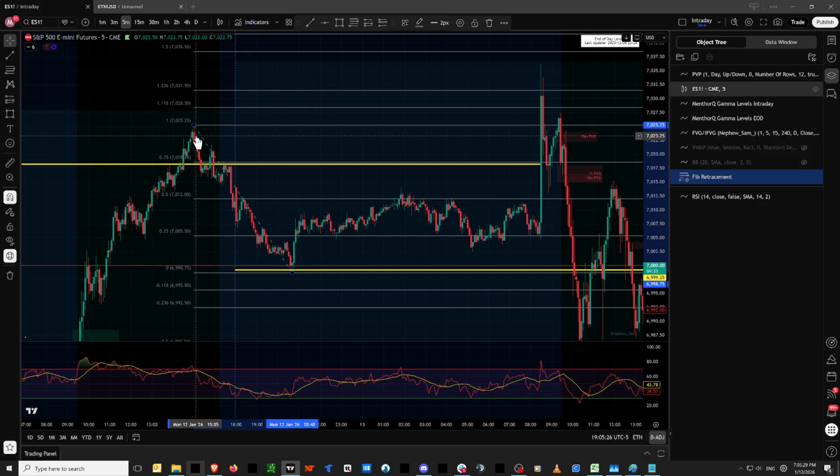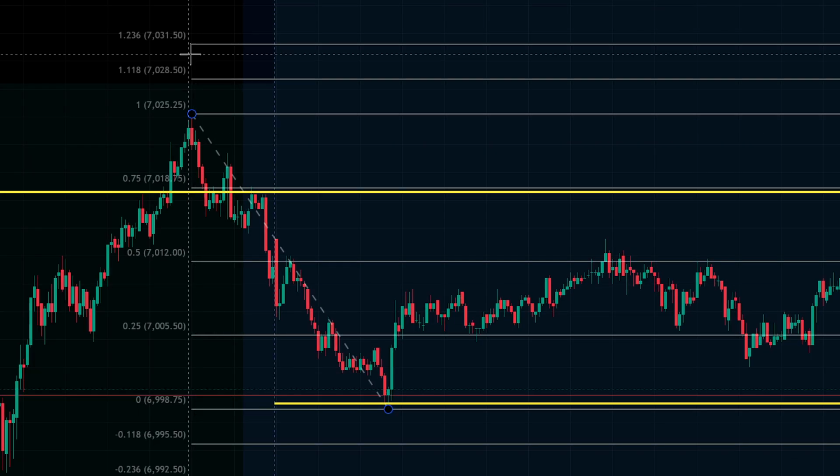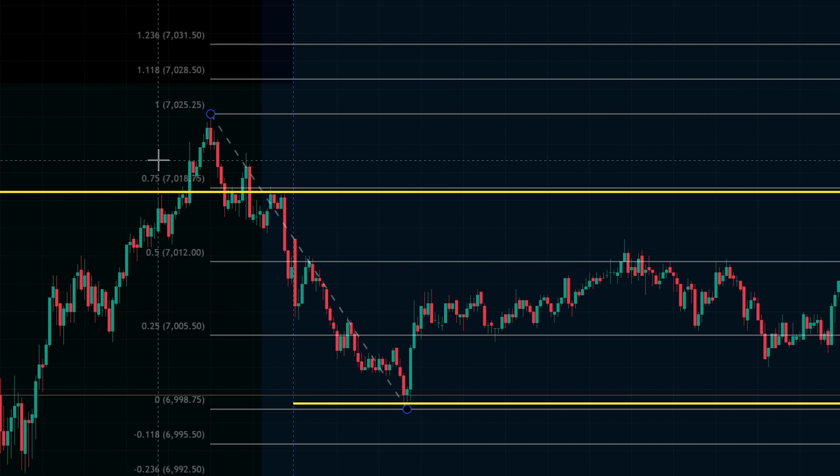Let me zoom in. This point was chosen because you can clearly see it took out all these highs prior to it. This low was chosen because it took out all these lows prior to it. So it defines a range from one extreme to another extreme.